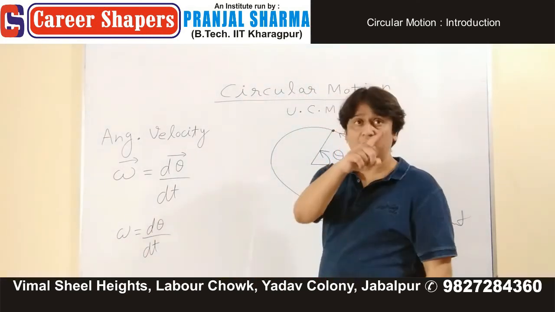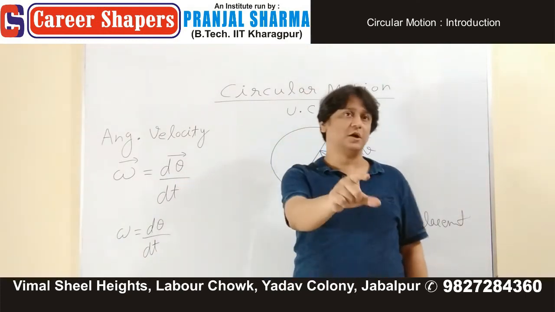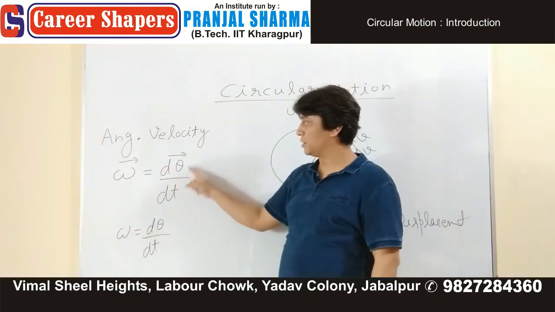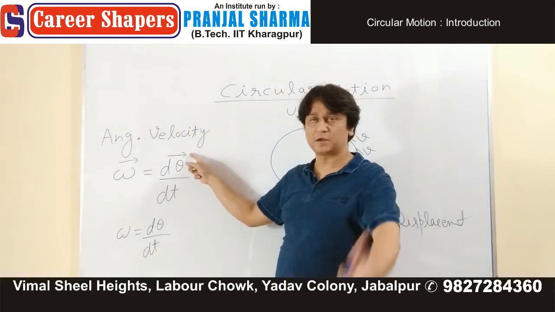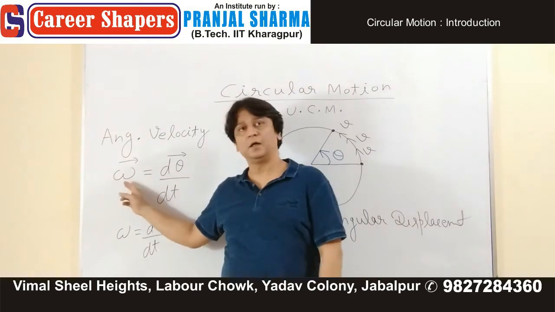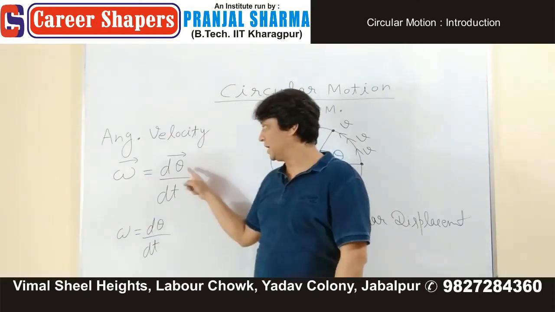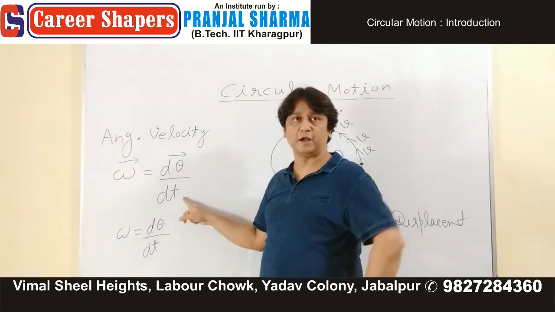Now you know that d theta, what is d theta? Small angular displacement. Small angular displacement is a vector. Omega is always a vector. Why? Omega is what? d theta divided by dt.